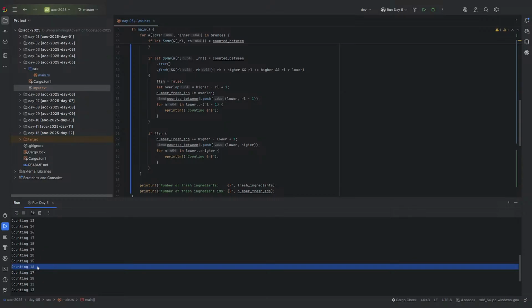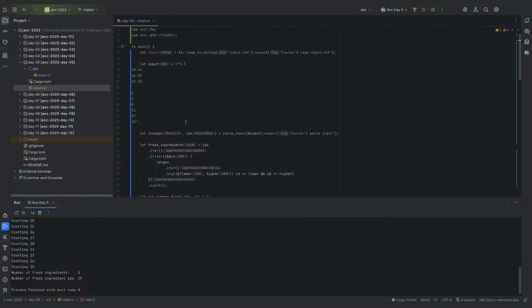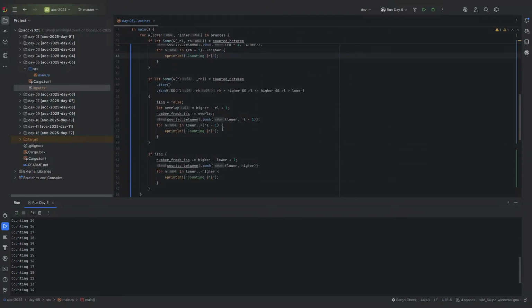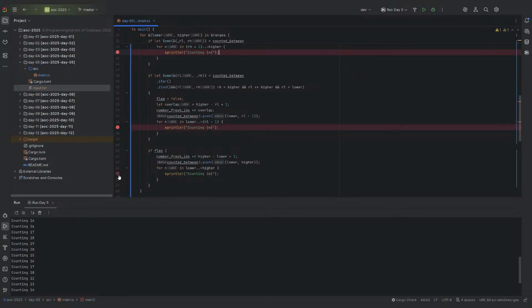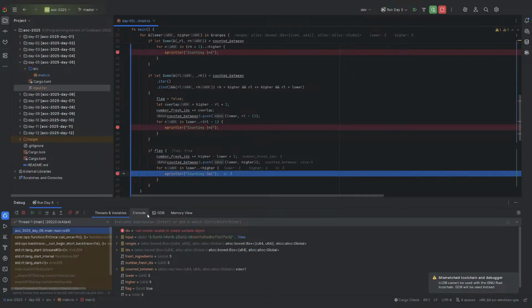Well, it's counting 16 again. It's counting these again as well. Means I'm doing something wrong. Do this, which will help.